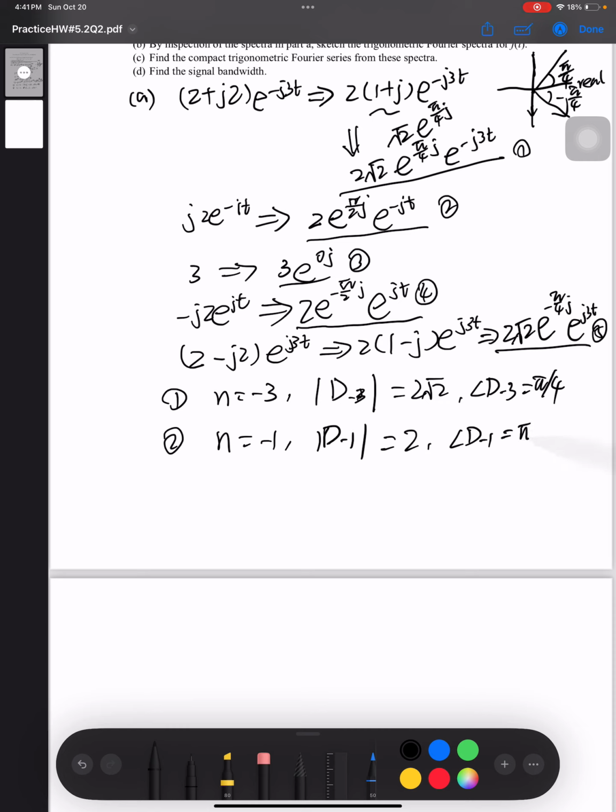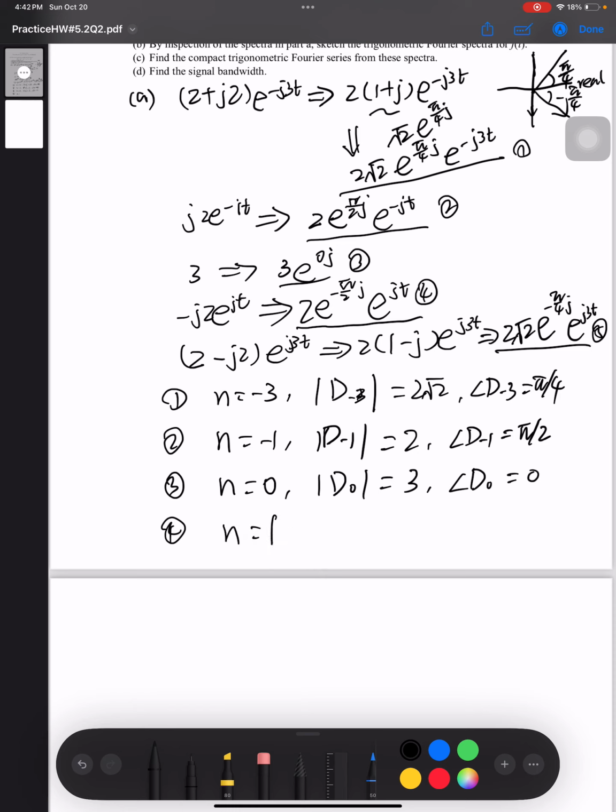And the third term, n equals 0, and the amplitude equals 3, and the phase is simply 0.